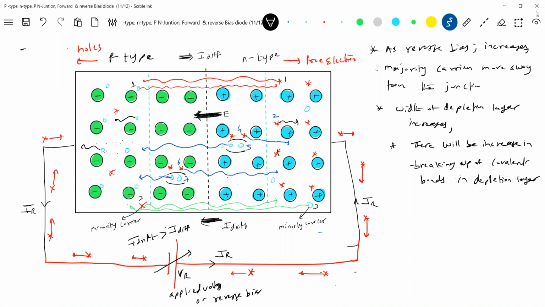Now, because of this, minority carrier current or drift current increases. Okay, find this one. So there's one major reason we can put.